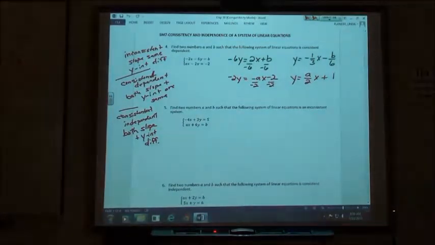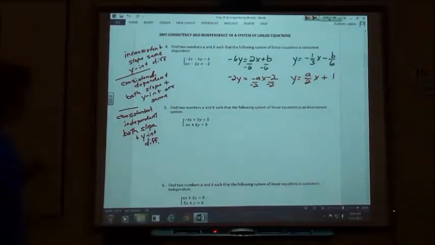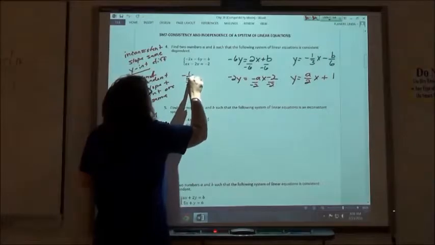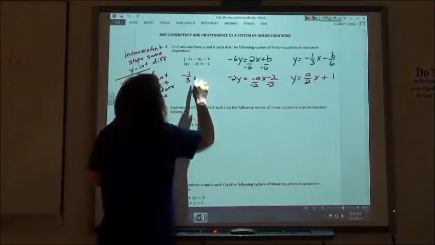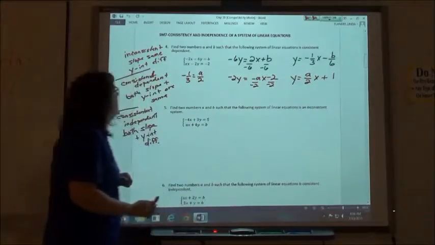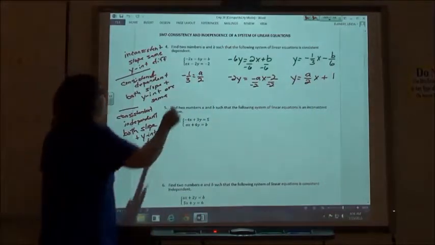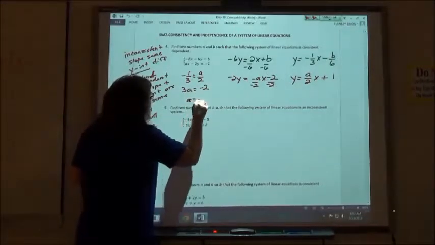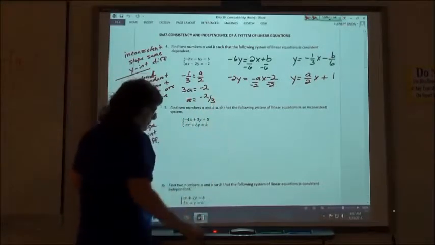So what we're going to do is basically set the slopes equal, solve it, set the y-intercepts equal, and solve it. So negative 1/3 has to equal a over 2. Cross multiplying there, 3a would equal negative 2, so a is going to equal negative 2/3.